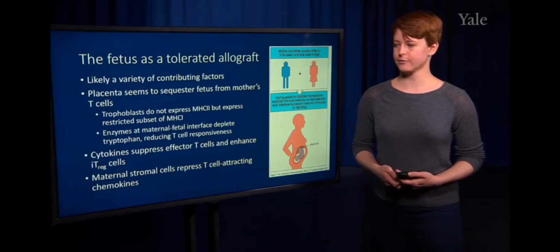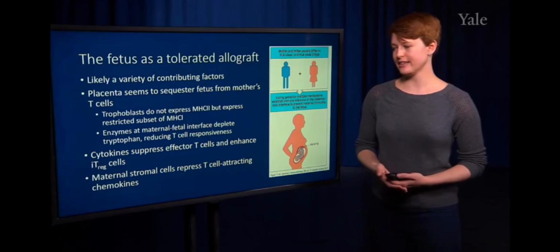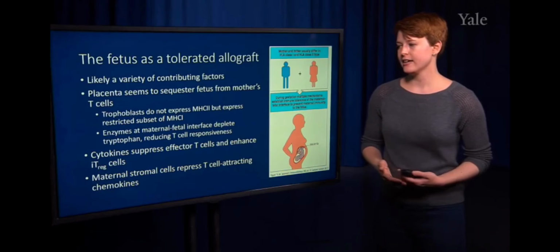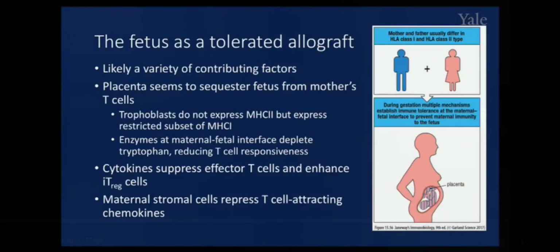So, for example, specific enzymes at the maternal-fetal interface will deplete nutrients such as tryptophan. And tryptophan is very important for T cell activation. So these enzymes, by reducing tryptophan, reduce the responsiveness of any T cells at that interface.